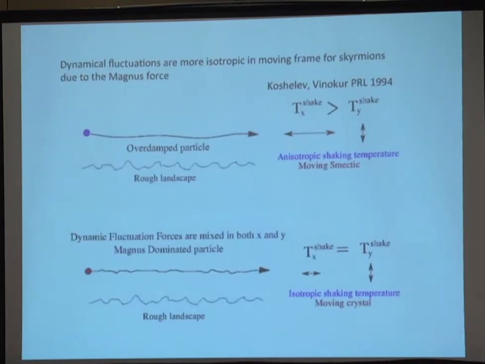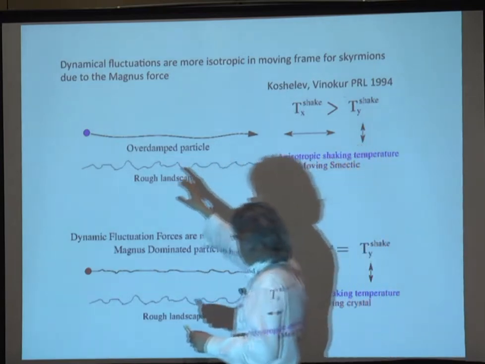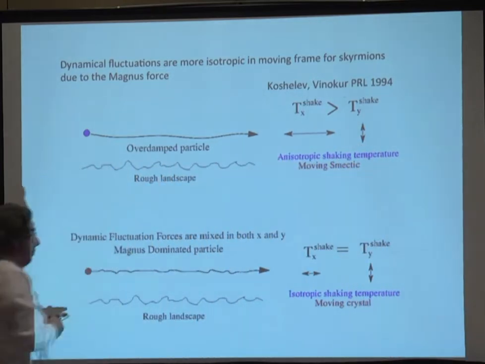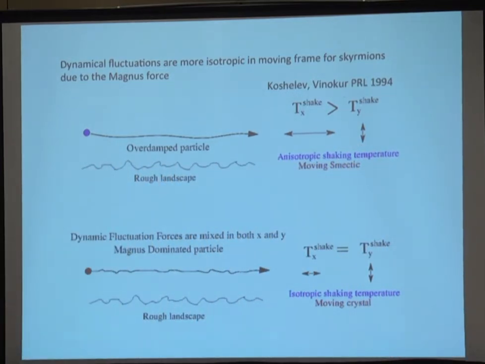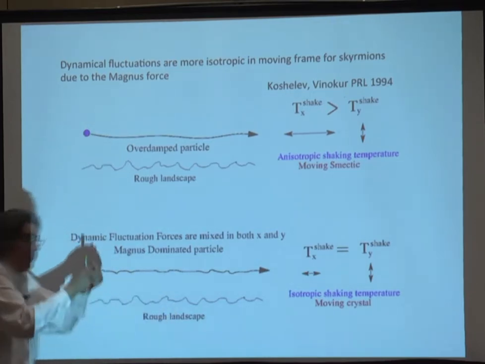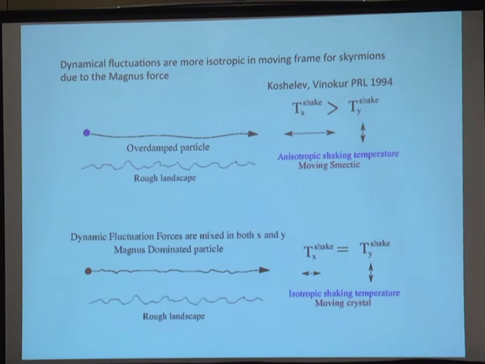So why is this? In an overdamped system, suppose you have a particle moving over a rough landscape. What happens is you slow down a lot when you hit a pin site, you get over the barrier, then you move fast and slow. So the fluctuations you experience are much bigger in the direction that you're pushing rather than perpendicular.